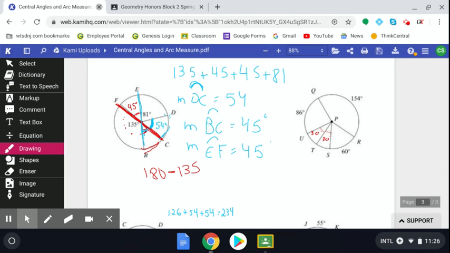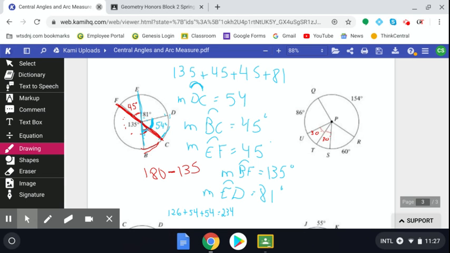Arc BF would be 135. And I have 45, 54, so we're missing ED. The measure of arc ED would be the same as the central angle over here. So it's 81. Okay, so they always have to add up to 360.